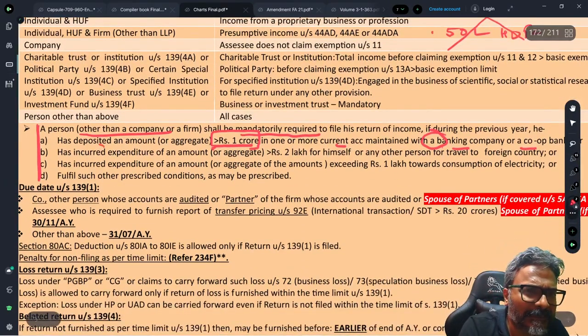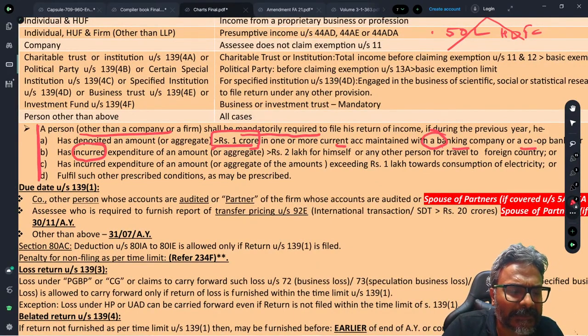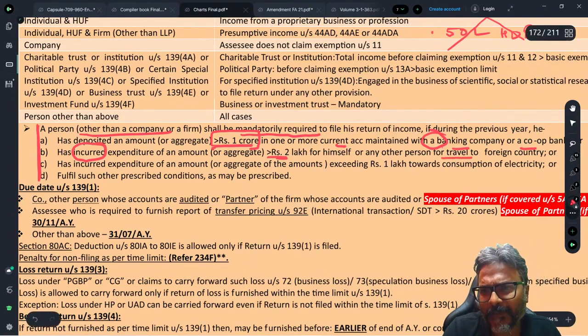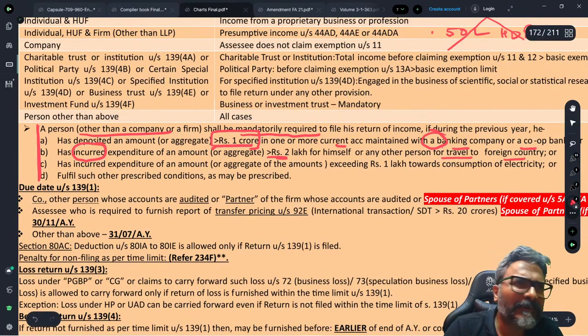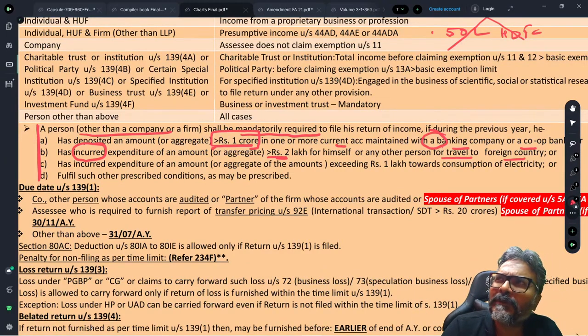Apart from that, students, he has incurred the expenditure. Here what is critical is incurring the expenditure, students, of an amount exceeding rupees 2 lakhs for himself or any other person for travel to a foreign country. We were looking into the MCQ the other day, and in the MCQ they have given that the ticket fare was 1.5 lakhs.